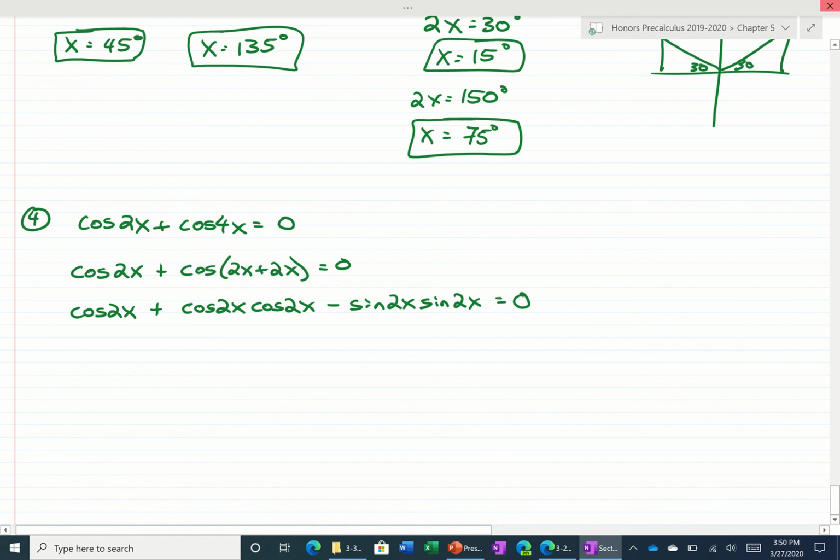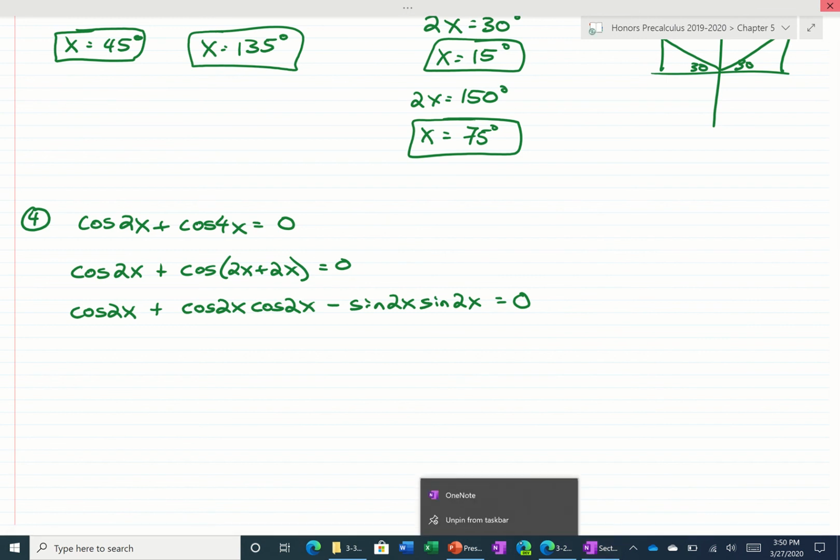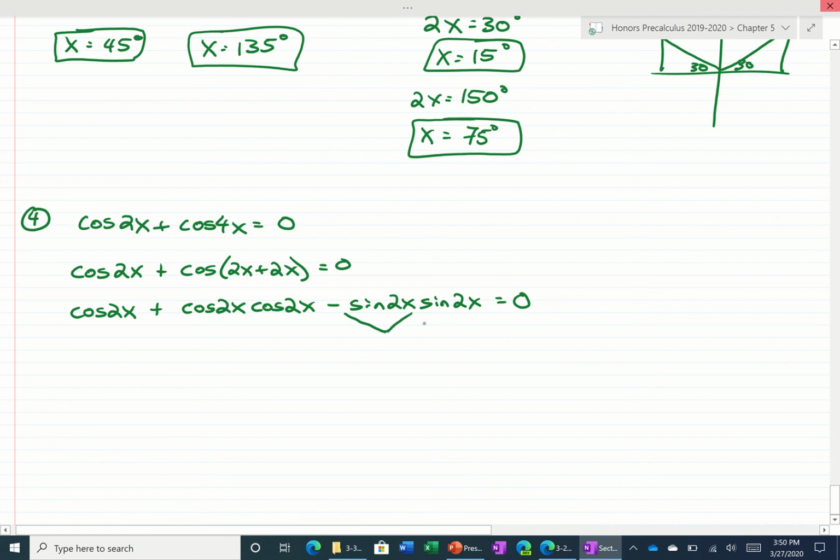Now, what I'm thinking we could do is, this is just going to be, let's see, this is a formula, and this is a formula.